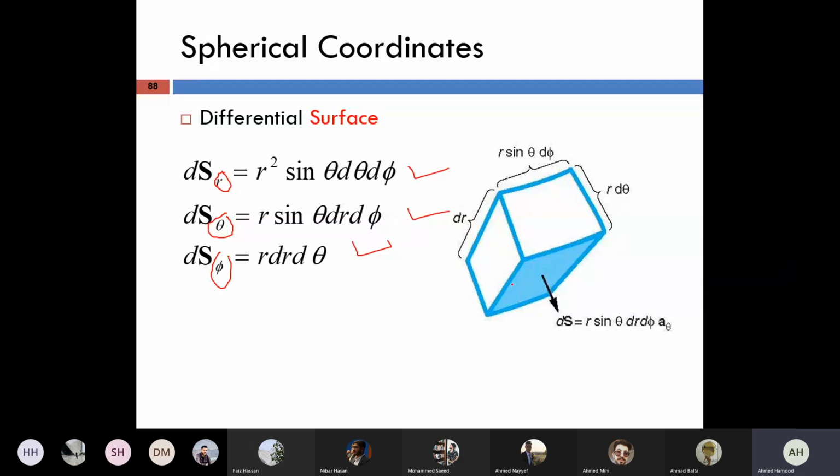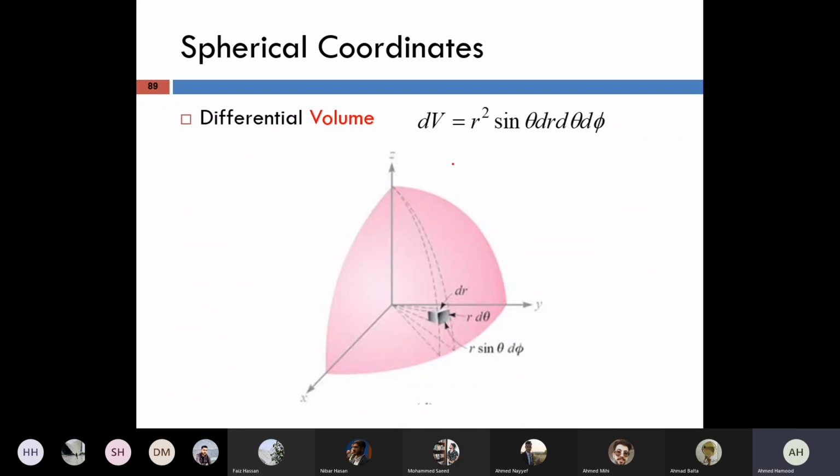For example, if the question asks me to find this surface, in this case I have to use this one, r sine theta dr d phi times the unit vector. And the differential volume is also a fixed equation.